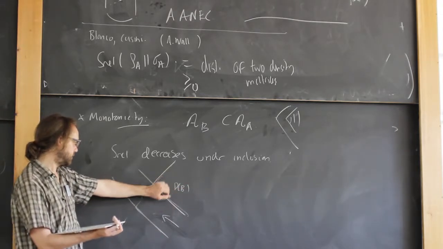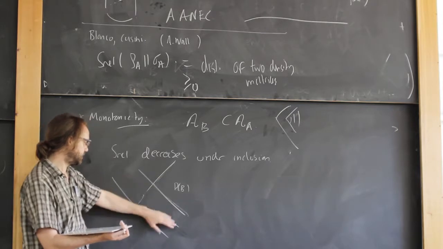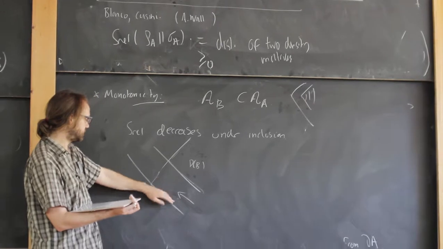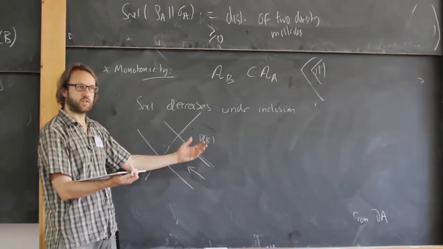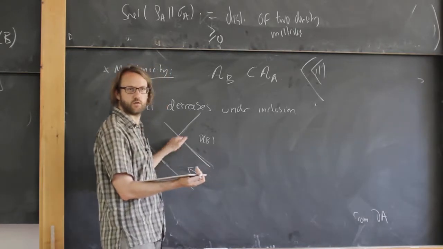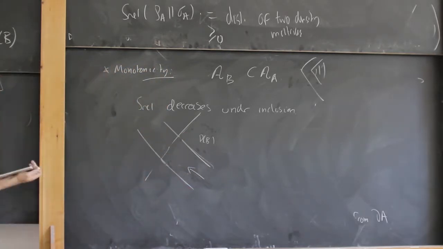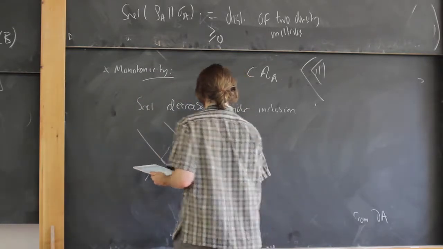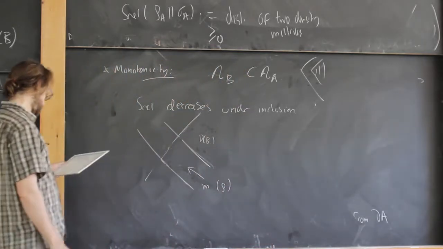Then to any observations in this region, you're not going to be able to distinguish this from vacuum, so the relative entropy should go to 0, whereas in this region you have access to this excitation, so the relative entropy will be non-zero, and so it has to decrease as you go from here to here. Okay. Some matter, which is the rho state.